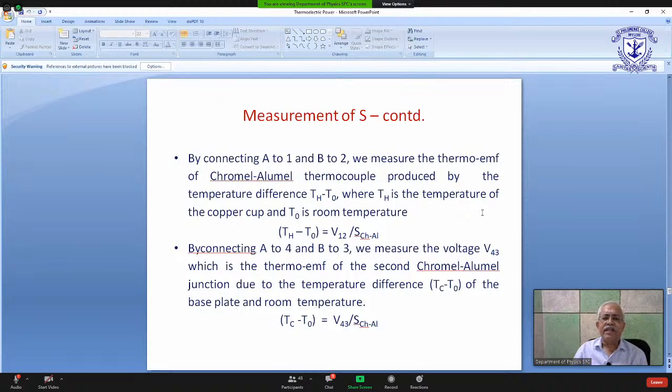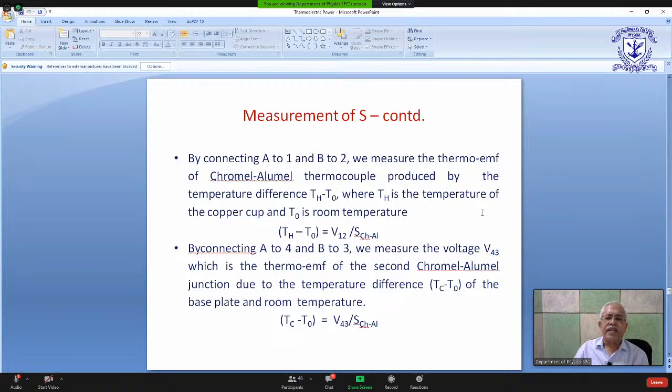Now, according to theory, the potential developed between the terminals 1 and 2 is Seebeck coefficient times the temperature difference, which is what is shown here. So the temperature difference is the potential difference divided by Seebeck coefficient for chromel alumel junction.